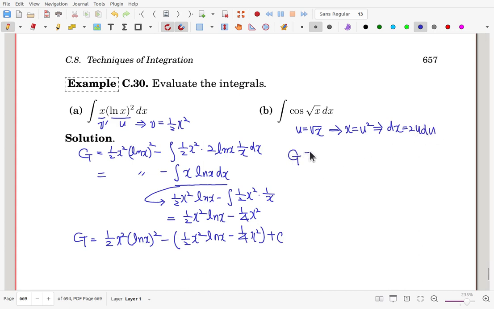So the given integral becomes cosine u, and dx is 2u du. So 2 comes out, and then that is u cosine u du, right? Again, we can apply integration by parts, but to keep it simple, we'll use the tic-tac-toe technique for that portion.